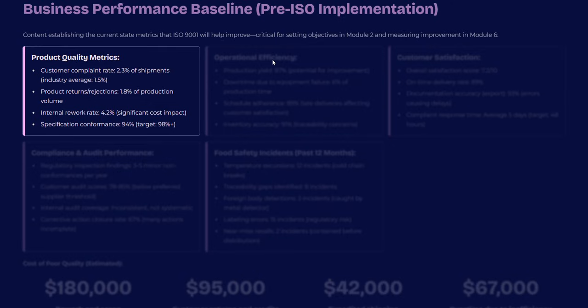Now, first, let's look at the product quality metrics. Customer complaint rate. Currently, we have 2.3 of shipments, which is more than the industry average, which is 1.5. We have product return or rejection at 1.8 of production volume right now for this organization.